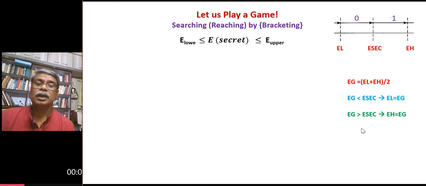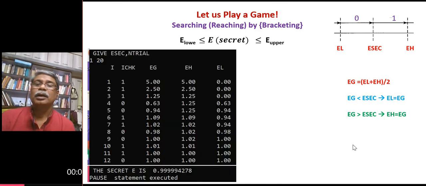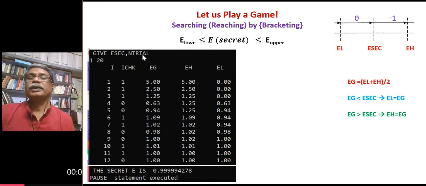So I can say it's a simple game, and we can run a program for this purpose, and the result is already shown. I have taken the ESEC, the secret E value, to be 1, and I have given n trial only 20, then it goes on like this.